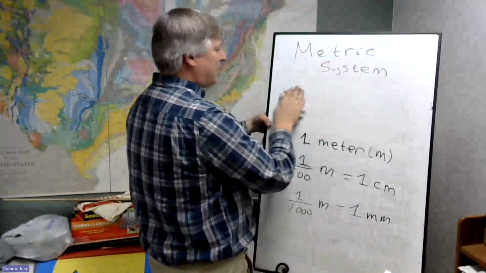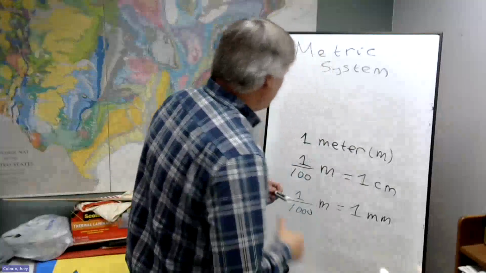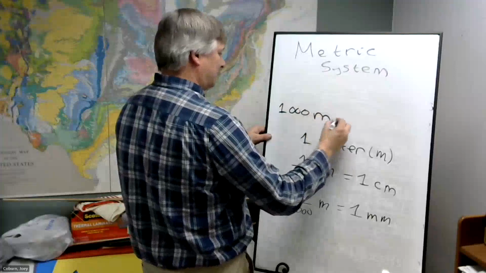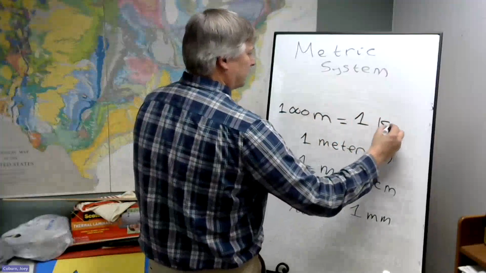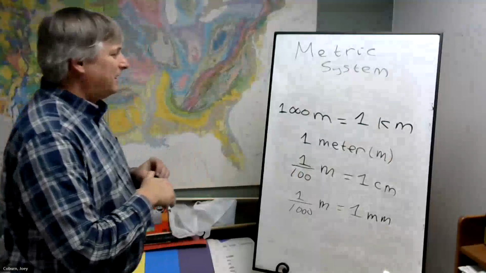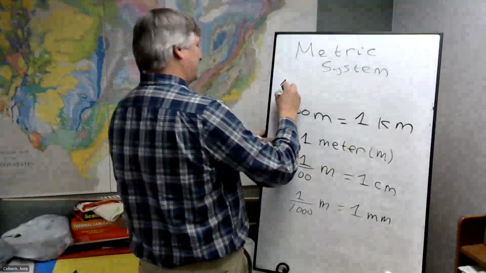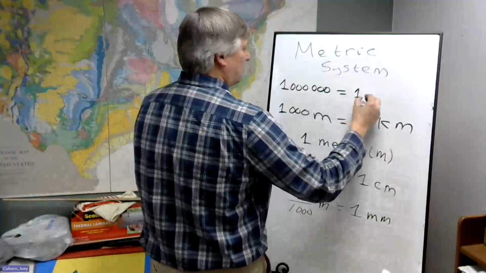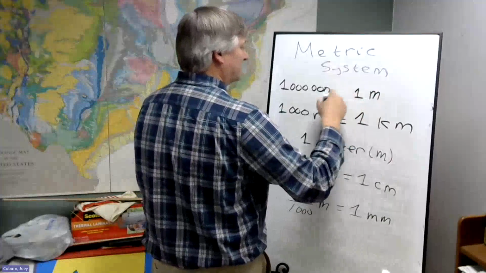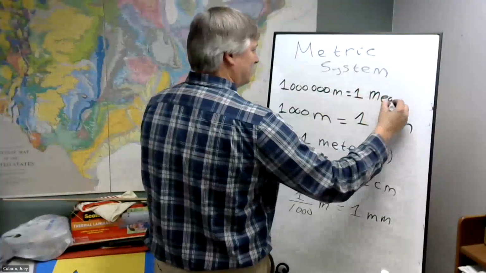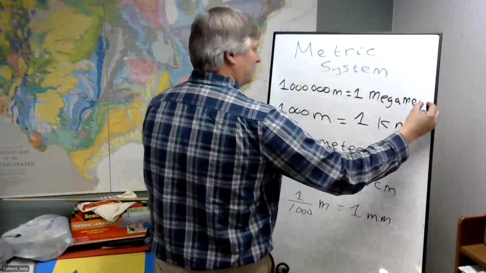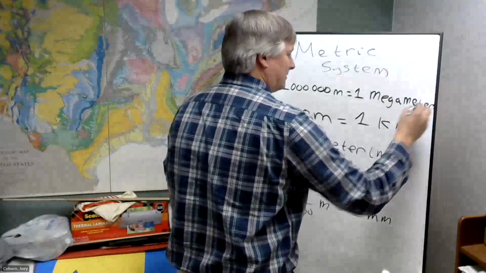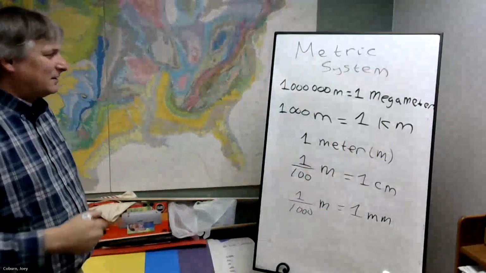Now this extends the other way. 1,000 meters equals 1 kilometer. And if you had 1,000,000 meters, this equals 1 megameter. And so forth.